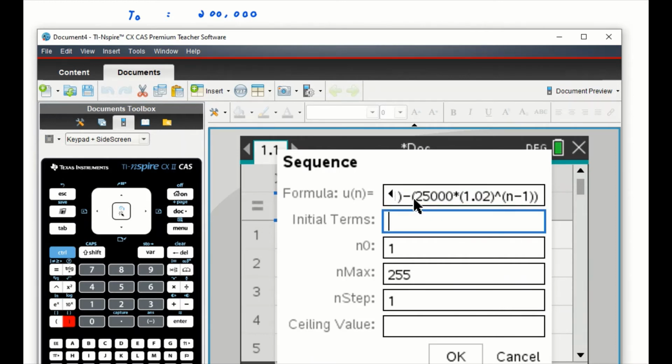For the initial term, you might need to calculate it with your scientific calculator. If you do not want that, you can straight away calculate here: multiply your 200,000, then minus off your first 25,000.